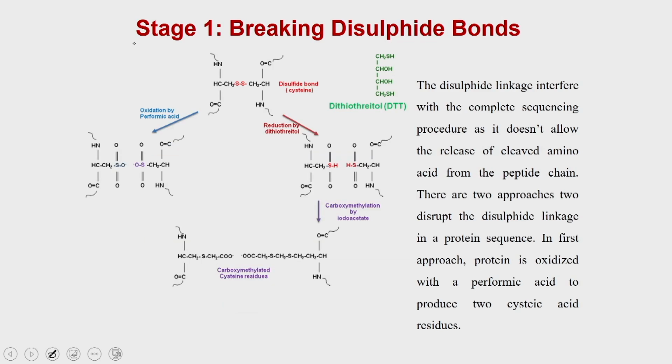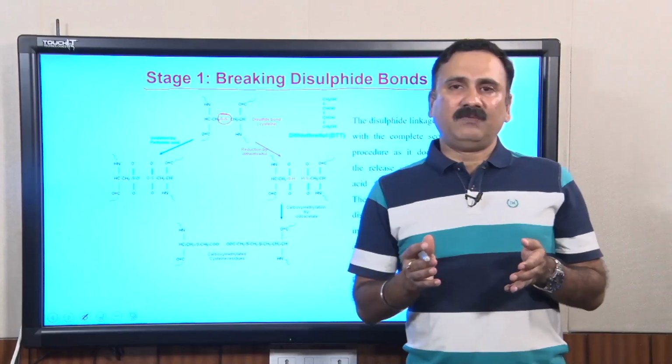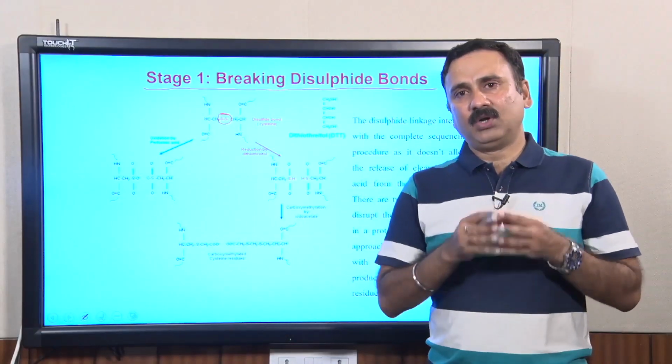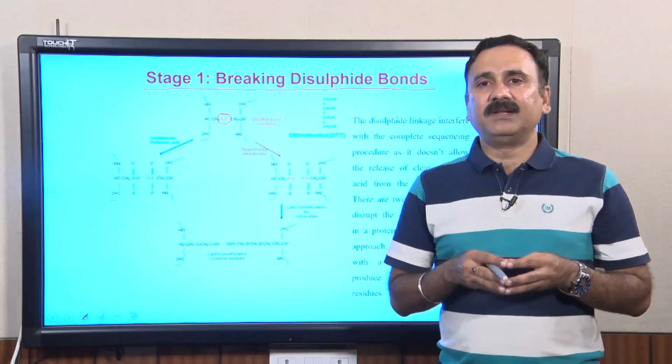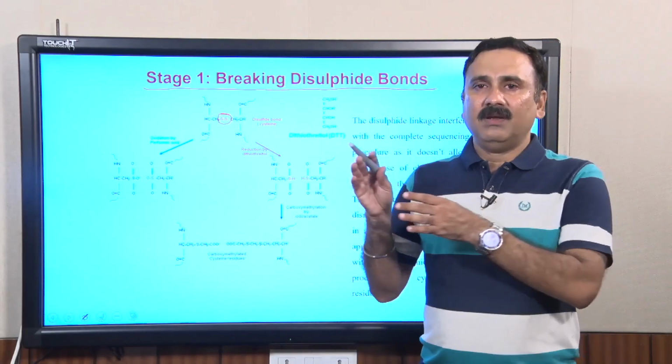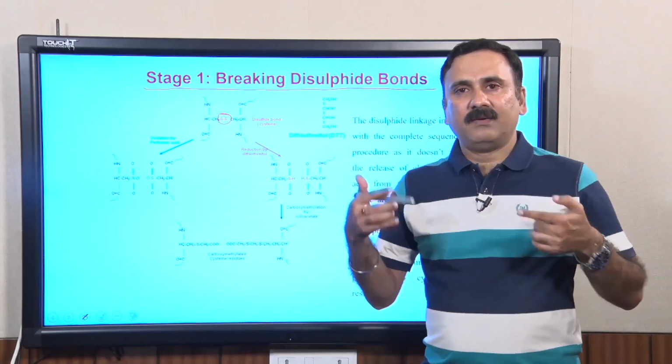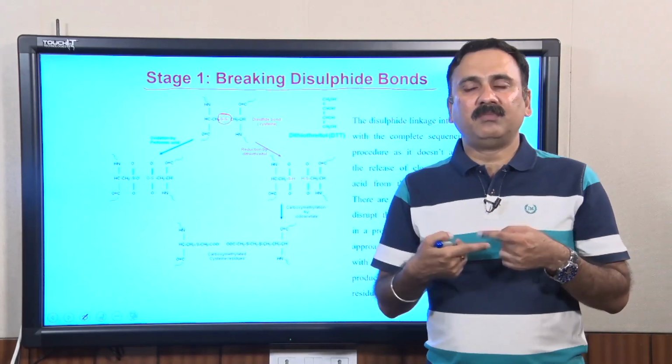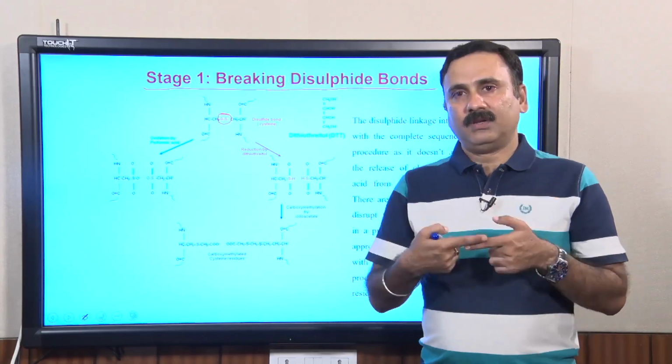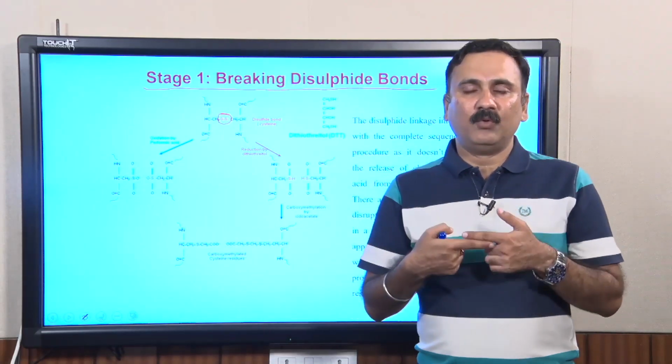So, in stage 1, when you start with the protein, you have to break the disulfide bonds. Disulfide bonds are always present between two cysteine residues, and you have two options or two approaches. And why is there a requirement of breaking the disulfide linkages? Because the disulfide linkages always interfere in deducing the sequence, because they do not allow your monomeric sequences to be put together.